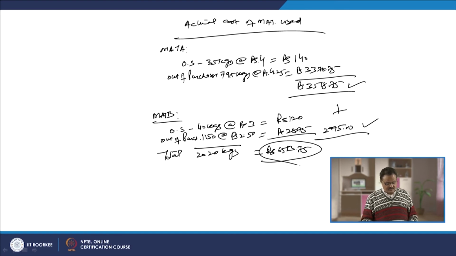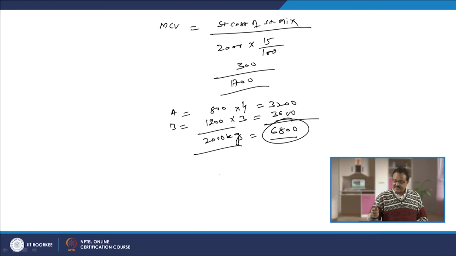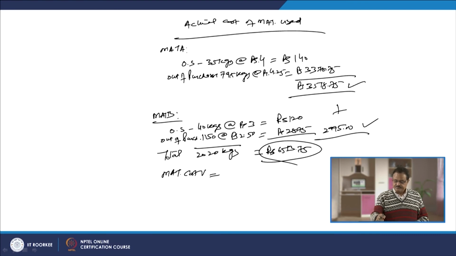If you look at this variance, how much will it work out as? If you calculate the material cost variance, how much is the standard cost? Standard cost we have already calculated, and that is 6800. So material cost variance is rupees 6800 minus 6513.